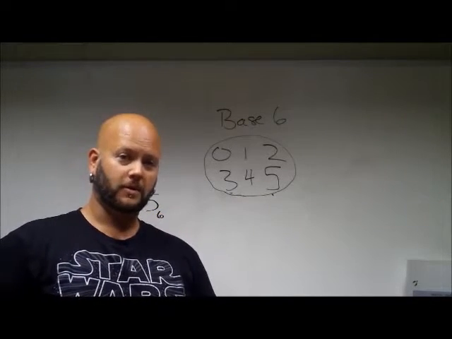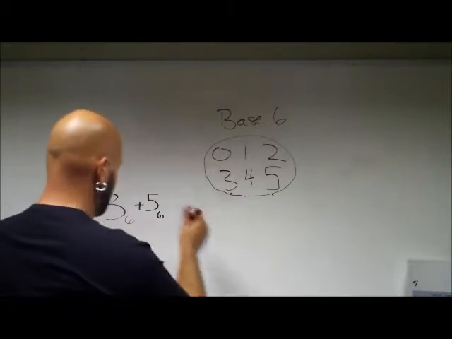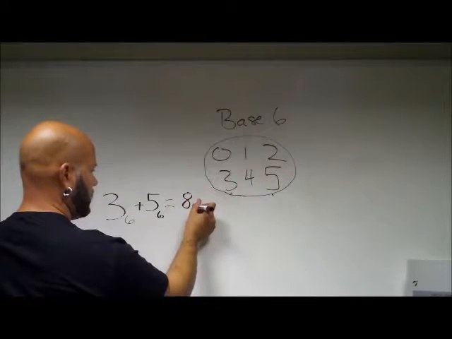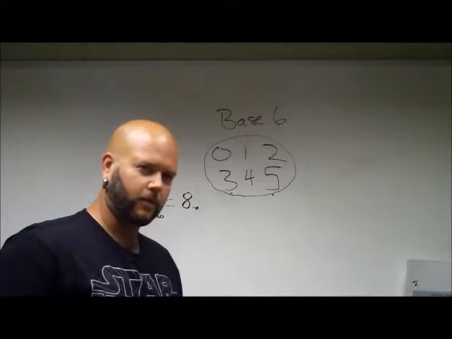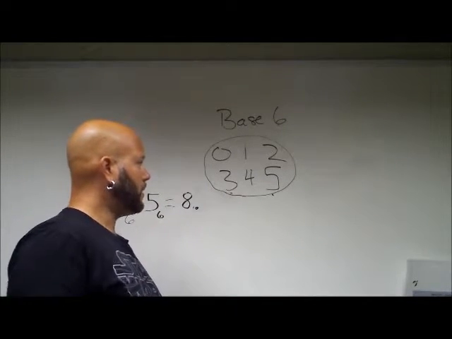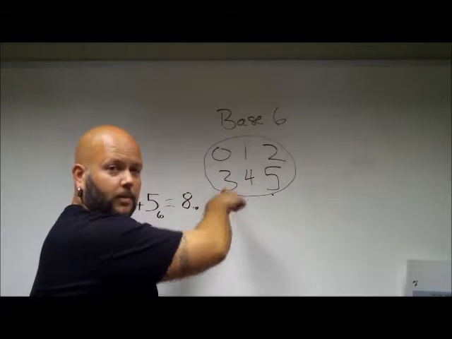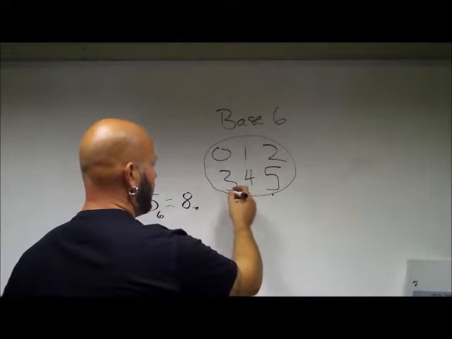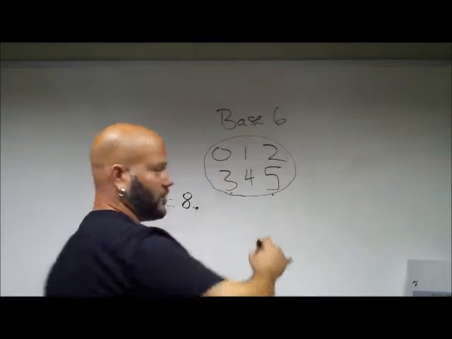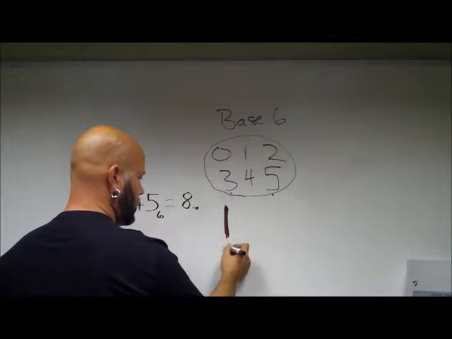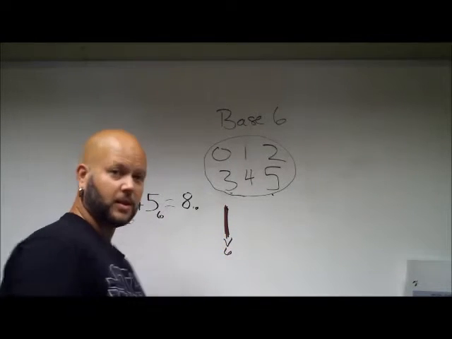I'm going to do it the base 10 way. So, let's just say this equals 8 in base 10. We're all comfortable and familiar with 8. But how do we write 8 when we can't use the number 8? This is where we go back and remember that this is one whole package of 6 digits. So one whole package equals 6.